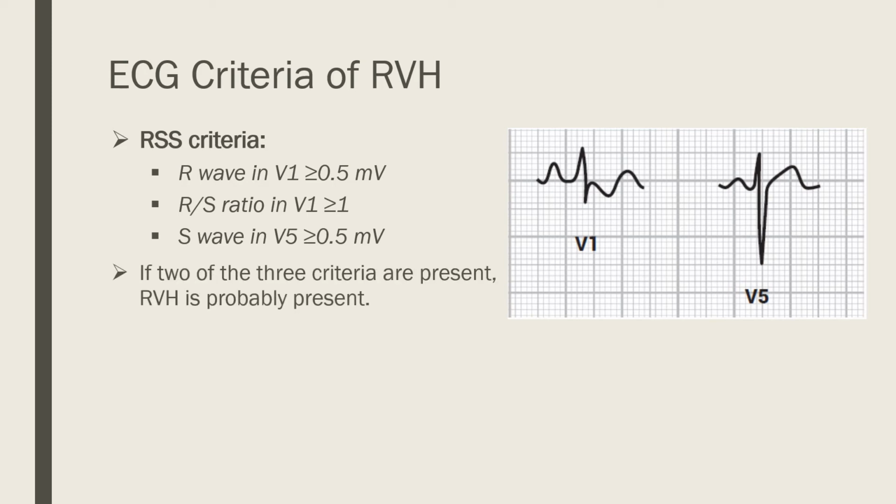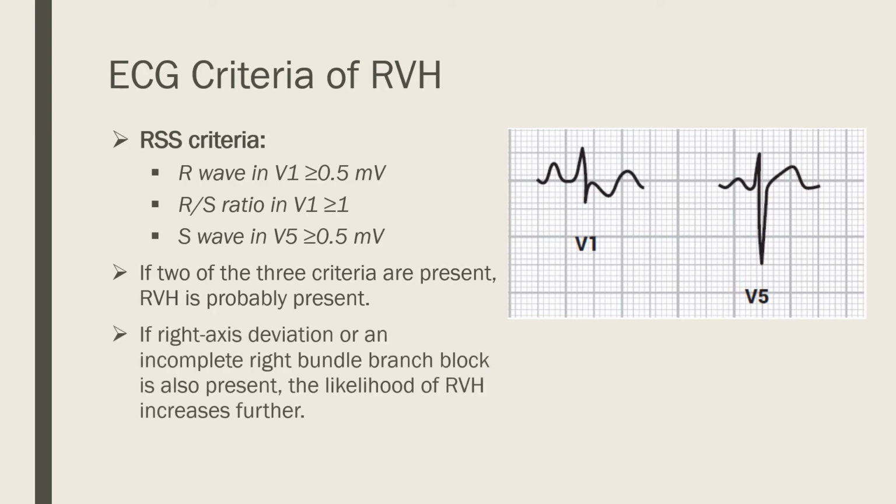If two of the three criteria are present, RVH is probably present. If right axis deviation or an incomplete right bundle branch block is also present, the likelihood of RVH increases further.